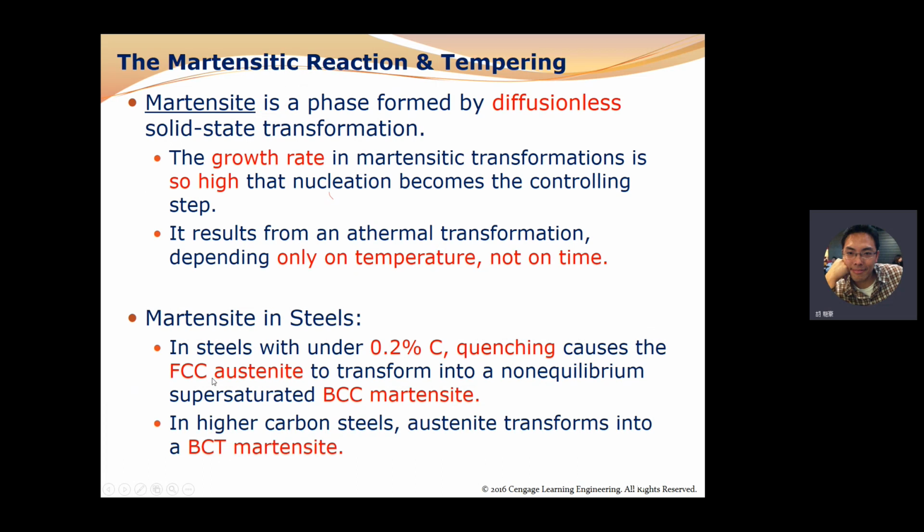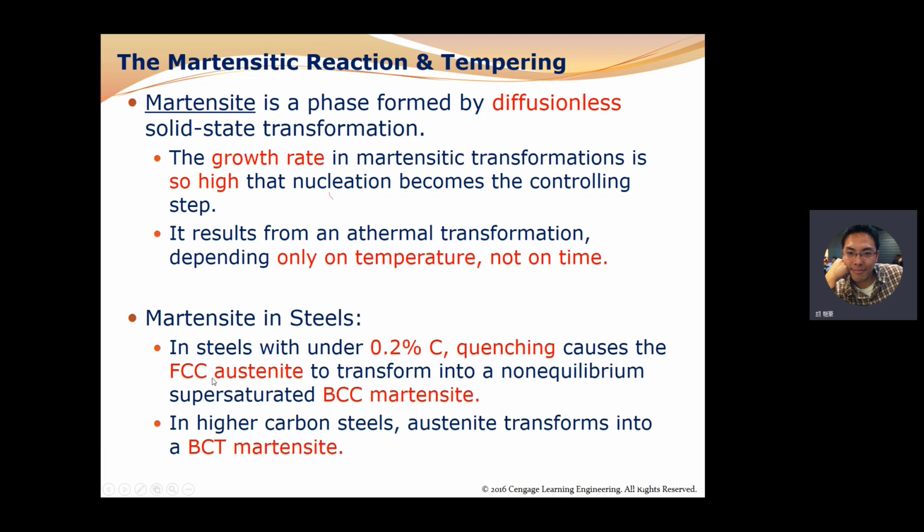Therefore, martensite is a phase formed by a diffusionless solid-state transformation. The growth rate in martensitic transformations is so high that nucleation becomes the controlling step, and the growth is not controllable. It results from a thermal transformation depending only on temperature, not on time.